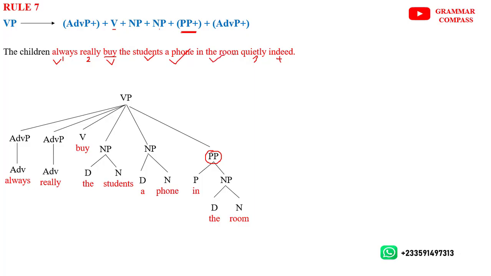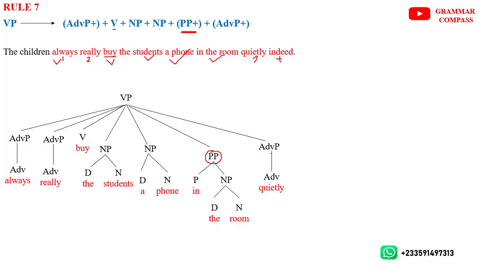We still have two other constituents to account for. That is, we have one adverb phrase and another adverb phrase in the qualifying position. Therefore, we draw our branch to cater for the first adverb phrase in the qualifying position, that is quietly. So this adverb phrase will consist of an adverb, that is quietly, because quietly is the only adverb that makes up this adverb phrase.